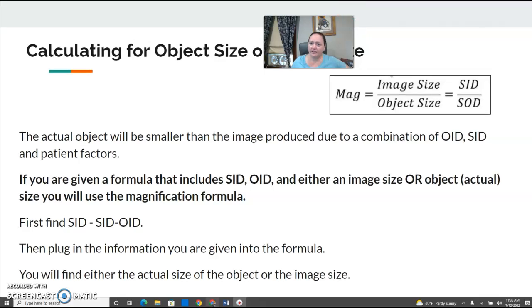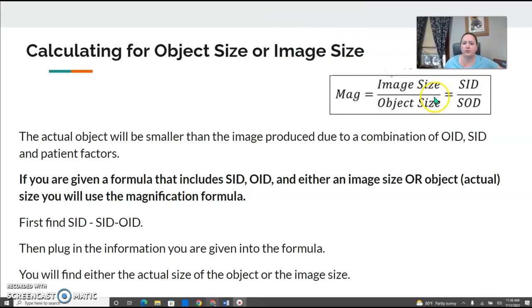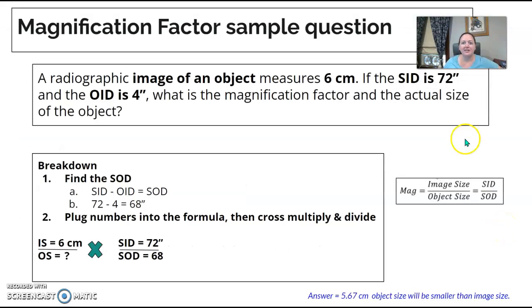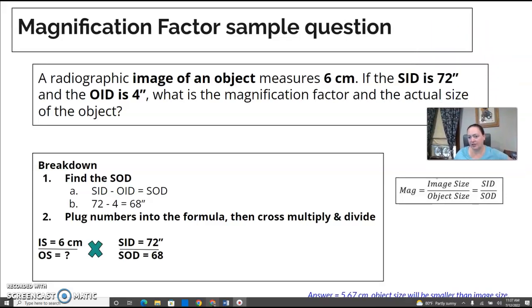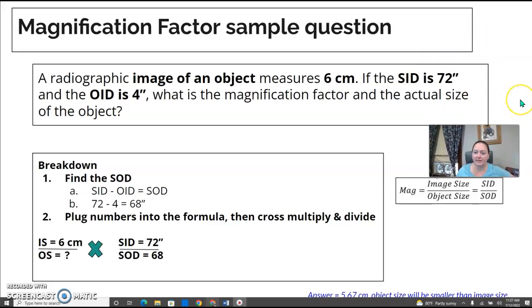If you have to calculate for image size, you would use your SID and SOD again. If it gave you the image size or object size, you'd simply put that into your formula. Do I think this is going to be one of the questions that you're asked? No, I don't think so. But this is just an example question if you wanted it.